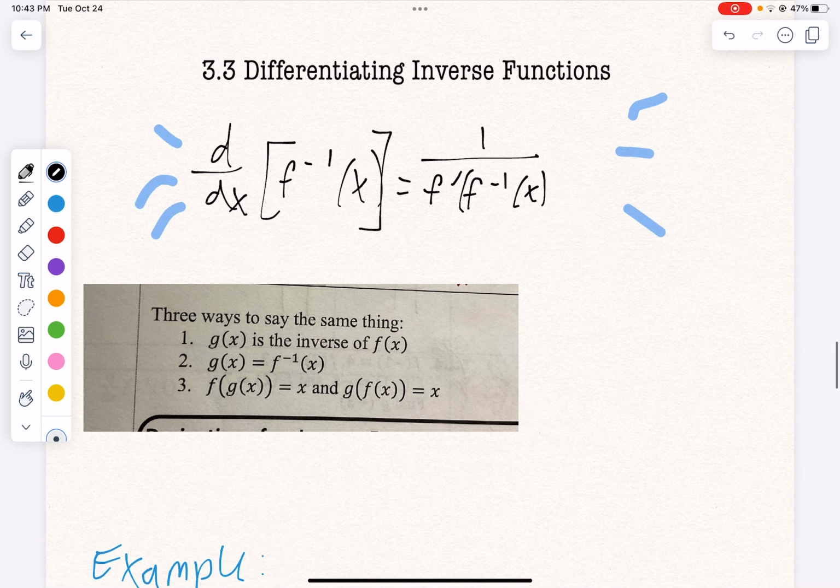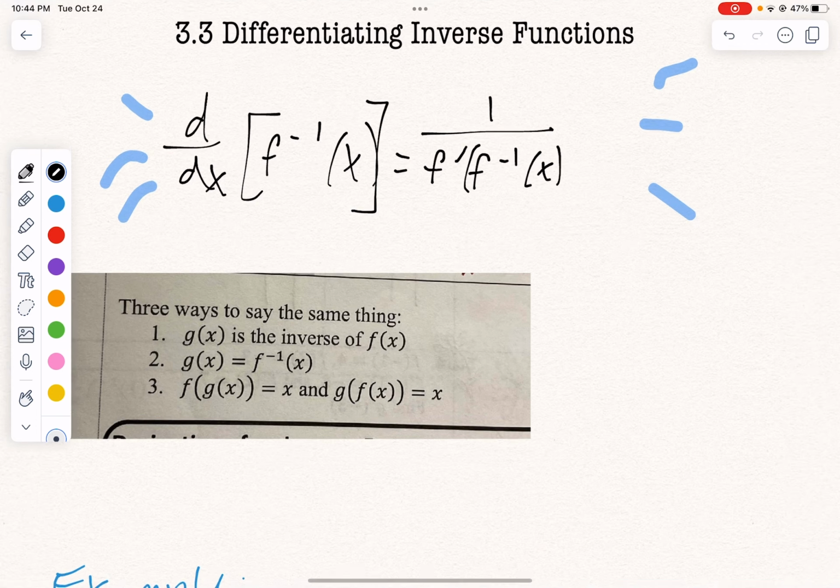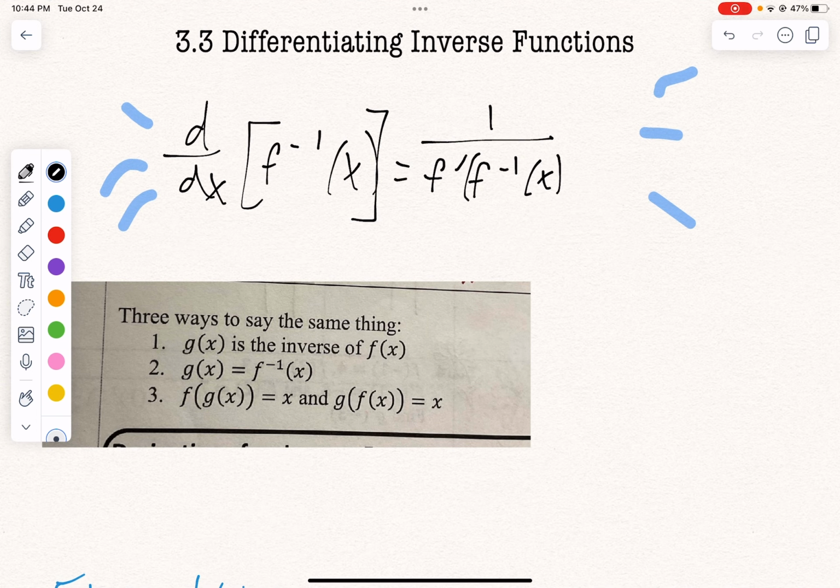All right, so three ways to say the same thing we can see down here. And this one's for inverse functions. If g of x is the inverse of f of x, or g of x equals f to the negative 1 of x. Remember, f to the negative 1 of x is another way of saying inverse. Don't confuse that with x to the negative 1, because that's saying two different things. That's saying 1 over x, and this over here is referring to an inverse.